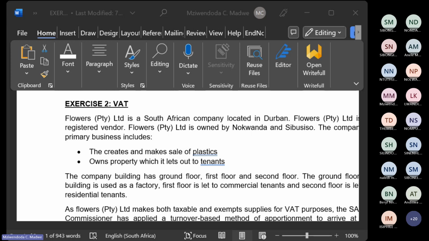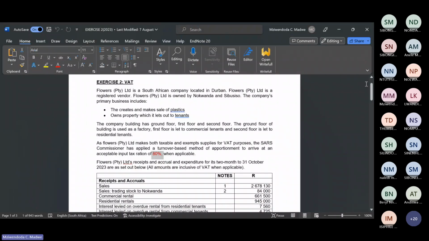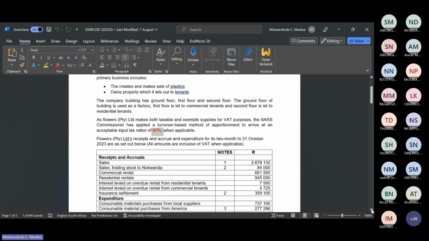So you have to look at all your income, but the first income, which is said, you take it into consideration, and then you apply 2,678,130 times 100 divided by 115.